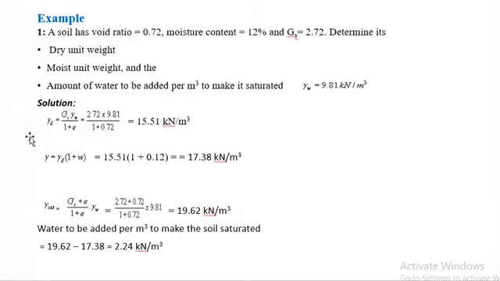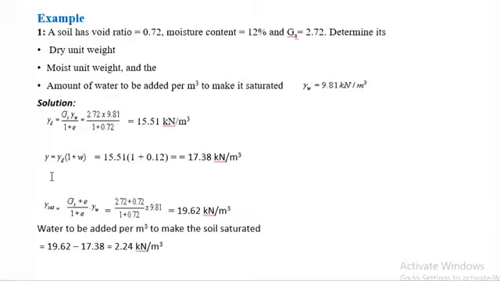First we have to calculate gamma D. The formula of gamma D is G_s into gamma W by 1 + e. Here G is 2.72, gamma W is 9.81, and e is 0.72. Here we get gamma D is equal to 15.51 kilonewton per meter cube.